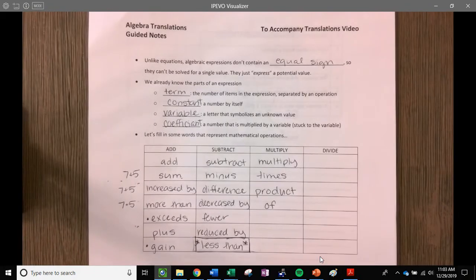And it seems strange, but I'm trying to think off the top of my head how you would see that read, but you know, 2 of a number means 2 times that variable. So you'll see of, and just know that of means multiply.